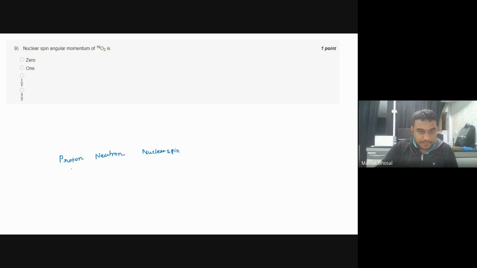Okay. So whatever I have said to you, if both are even, the nuclear spin will be... If the molecule contains an even number of protons and an even number of neutrons, what should be its nuclear spin?